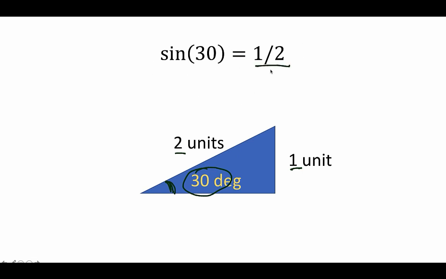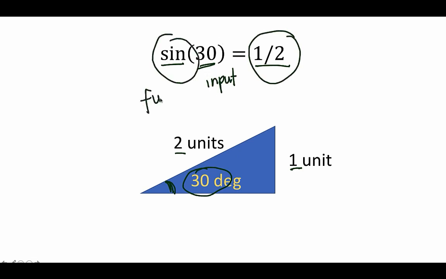Notice that in this notation, sine is the function, and this is the function that says you get the ratio of the opposite side over the hypotenuse, and this 30 degrees is our input, and this 1/2 is the result when this input is run through the function which we call as the sine. So sine is the function that maps the angle to the ratio of the opposite side over the hypotenuse.